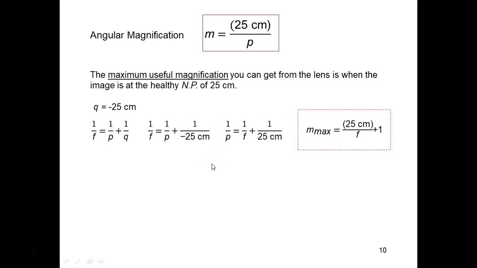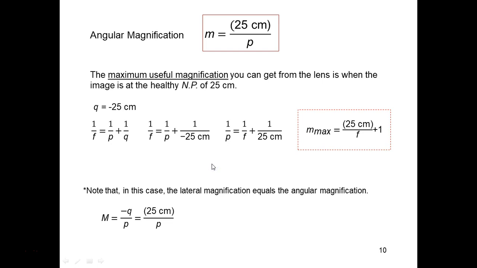One thing I want to point out, just a neat thing. The lateral magnification, which is h prime over h or minus q over p, in general is not going to give you the same value as the angular magnification for the magnifying glass. The angular magnification is what matters. You don't really care about the lateral magnification because that doesn't give you the full story.